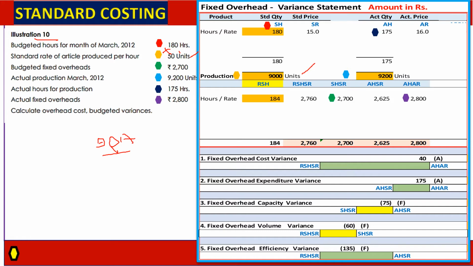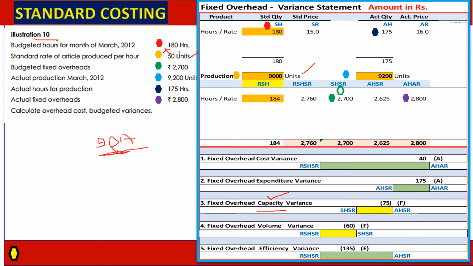Once you have done this, you find that there is no difference of days. Days are not mentioned. Therefore, it is only 5 variances, only capacity, not capacity and calendar. Now from here onwards, it is simple.